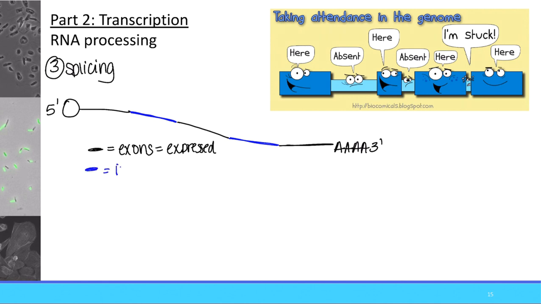These blue parts are referred to as intervening sequences, so they intervene between the exons, and these sequences are called introns. Introns comes from intervening sequences, and these sequences are cut out.